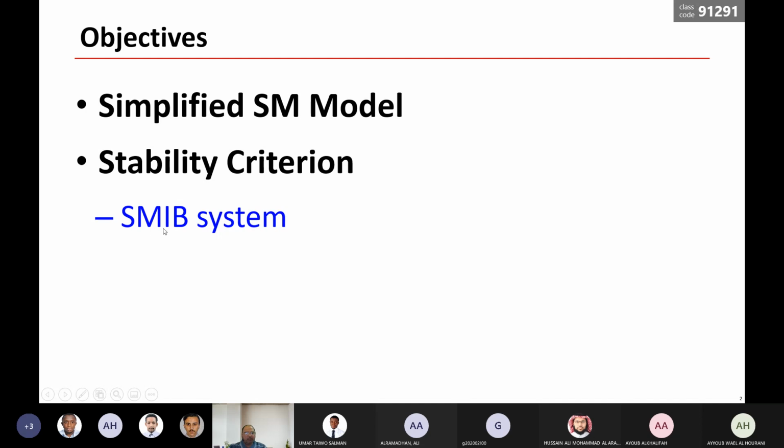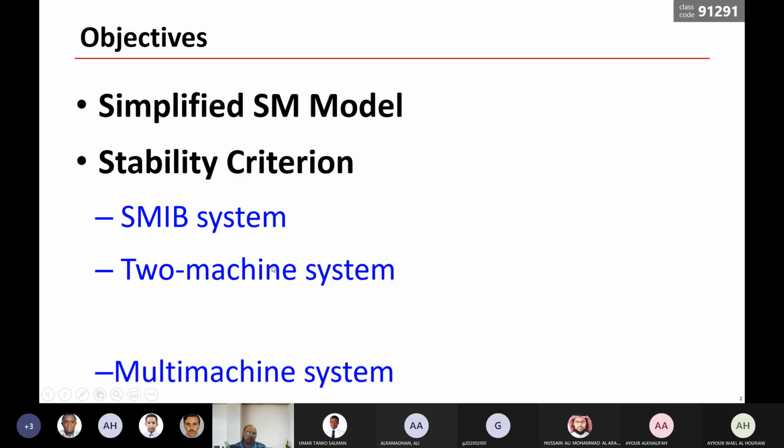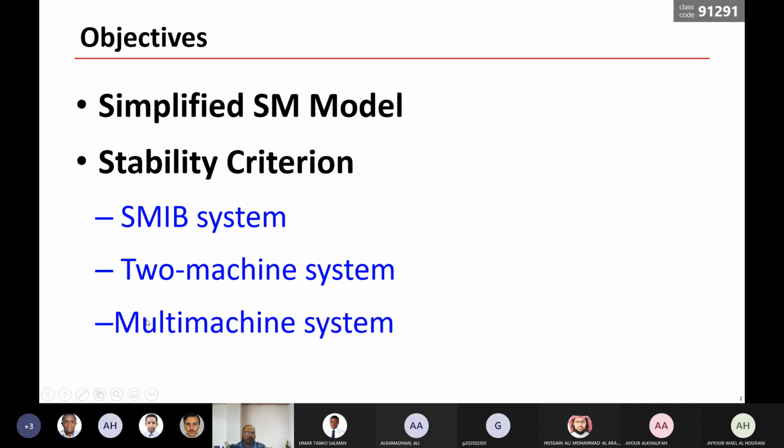We could have a single machine infinite bus system, which is the simplest system that you can have. You can have a two machine system, and you can have a multi-machine system. What are the stability criteria if we have any one of those systems? This is what we will develop in this class, inshallah.